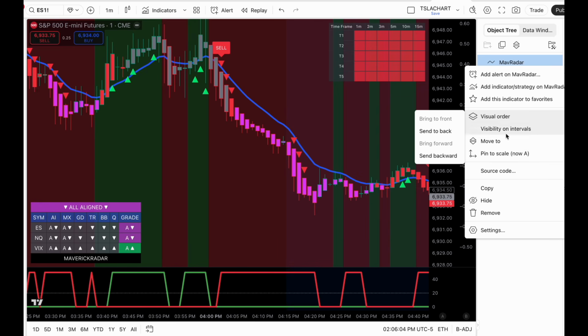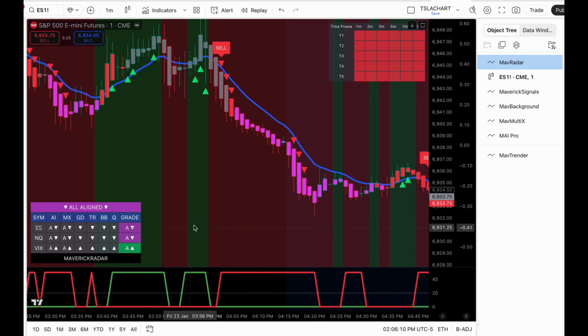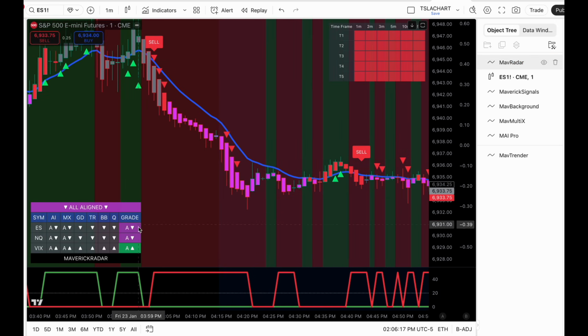You can set that. You could just set this last one to agree or none. You could set it to none, but I have it set to the opposite. And we've been having fantastic results stacking the probability and only taking a trade when ES is an A+ setup, NQ is an A+ setup in agreement with ES, and then the VIX opposite.